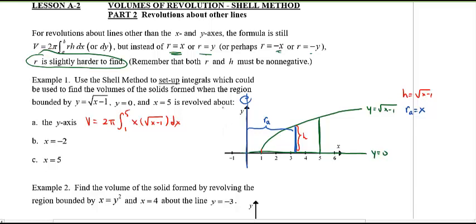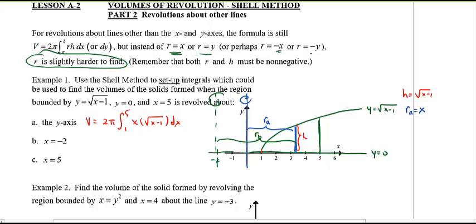Okay. Now, let's see what happens when I change the radius. Or not the radius, the axis of rotation, which of course does change the radius. Now, if the axis of rotation is here, where x equals negative 2, notice the radius from that same representative element is now this distance. I'll call it r sub b.